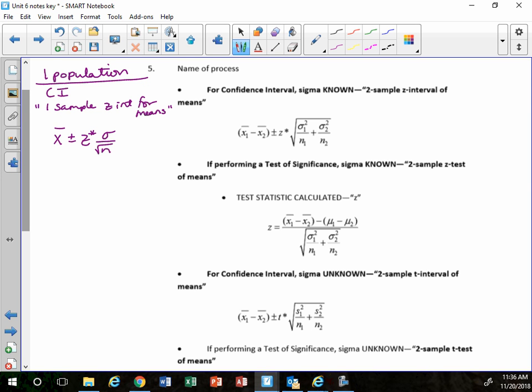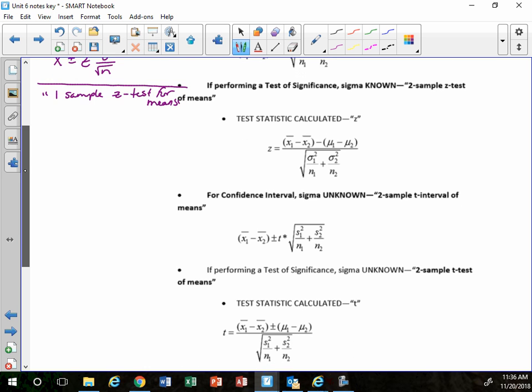Then we have our hypothesis tests. Before we had the one sample Z test for means. Now we have a two sample Z test for means.